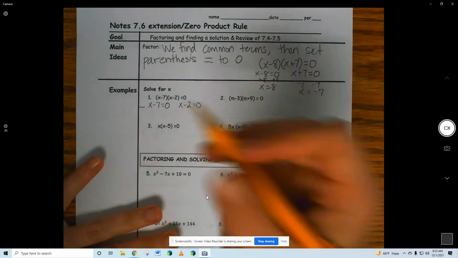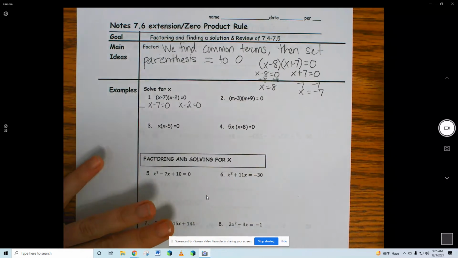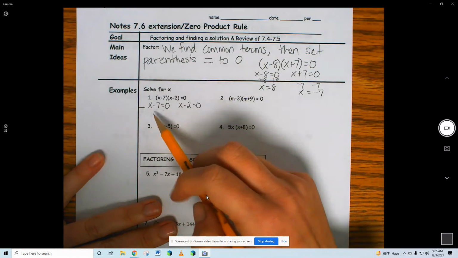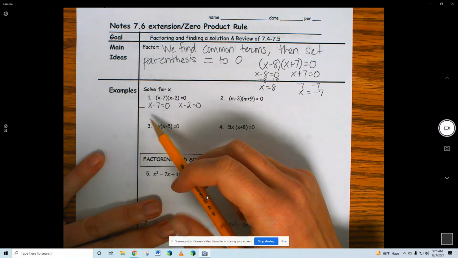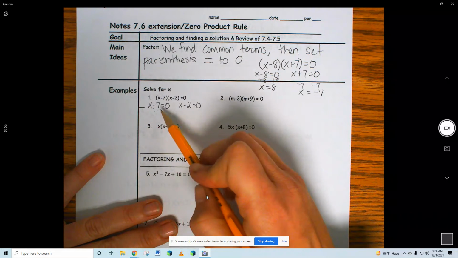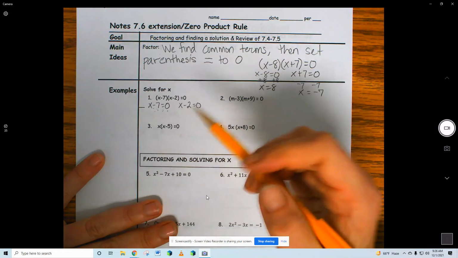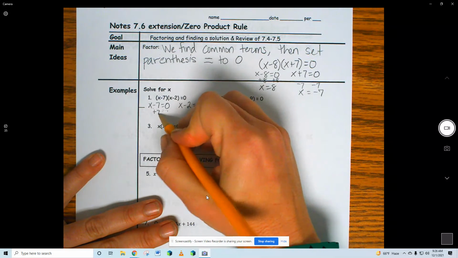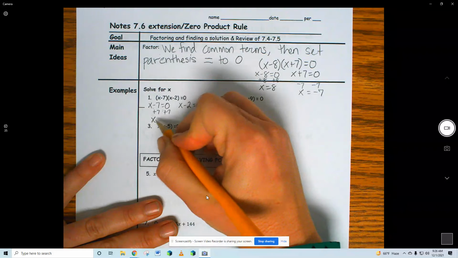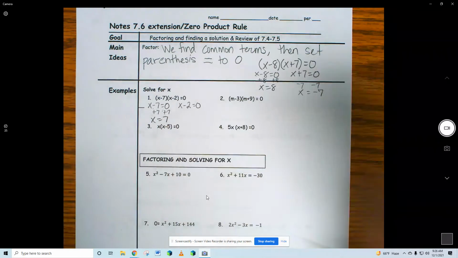And the answer is just the opposite sign. If this says x minus 7, my answer is positive 7. What number is going to make it equal 0? 7 minus 7 equals 0. Easy. But mathematically, if you want to write plus 7, that's the true steps being shown.